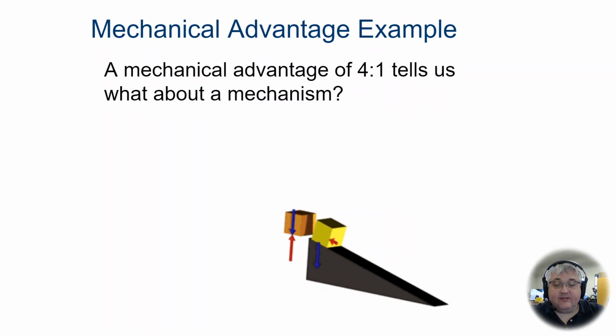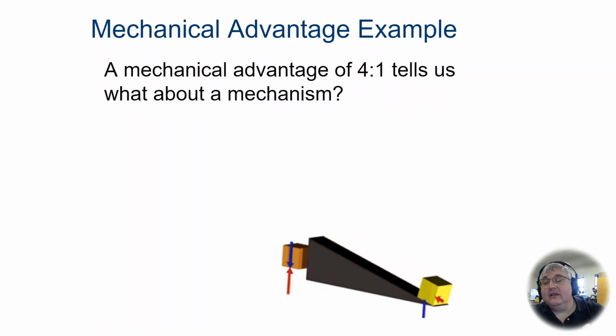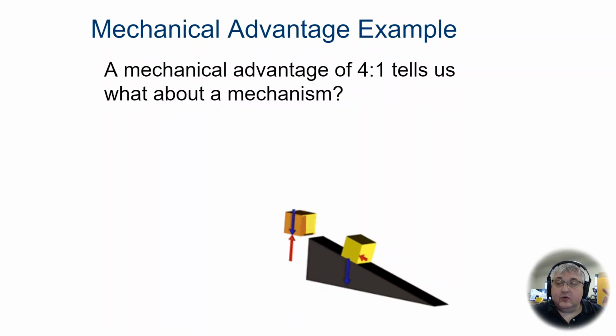Because if I lift a 1 pound block 1 foot in the air, I'm going to be exerting 1 pound of force to lift it into the air. Or I can exert much less force, like maybe a tenth of a pound, to push it up that ramp, and it will do that work. The same amount of work over a longer distance, but I can use less force.